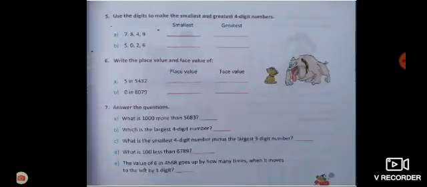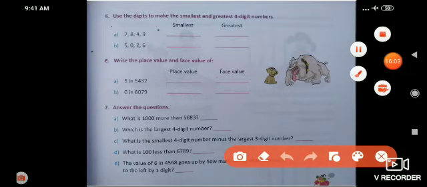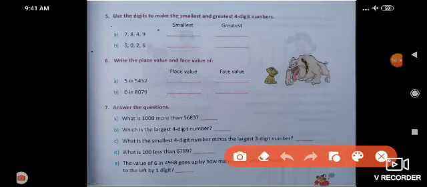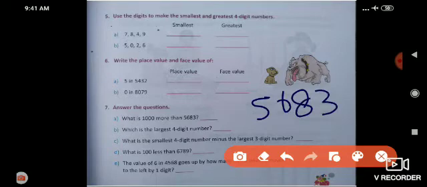Now we are going to answer the question which we have discussed, which is 1000 more than 5683. You see, 1000 means that one, you have to add this one. You know, we have done this in mental maths. 1000 more than 5683 means, in the 1000 place, what is the number? 5.